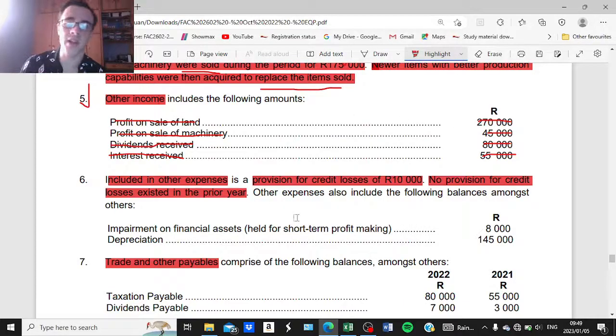So we have debited credit losses by 10,000 because there was no opening balance for provision for credit losses, or allowance for credit losses, right? So the increase in that allowance was 10,000. So we have debited credit losses, and then we have credited allowance for credit losses with the same amount, 10,000.